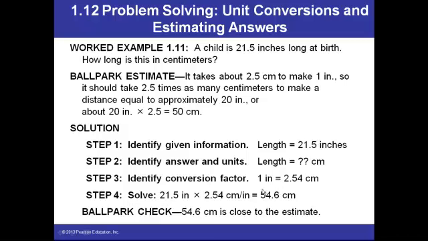So our ballpark estimate is that this should be a lot bigger, at least 2 times. And we can see that that is indeed the case, that we get a much larger answer. So this is close to our estimate. So our ballpark checks out, and 54.6 centimeters is a good answer for this response.